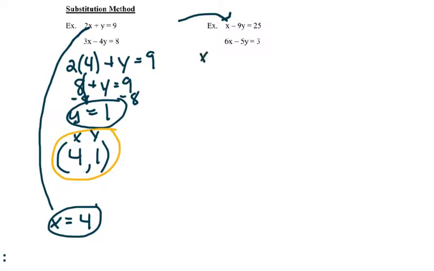So let me recopy x minus 9y equal to 25, and just show you that all I have to do is add 9y to both sides. So this gives me x equals 9y plus 25.